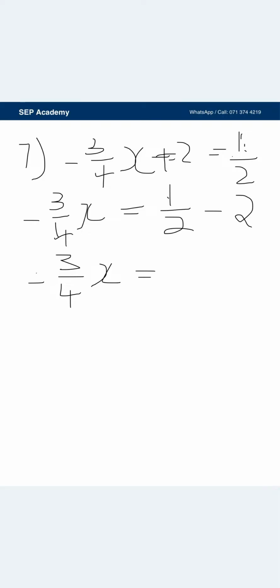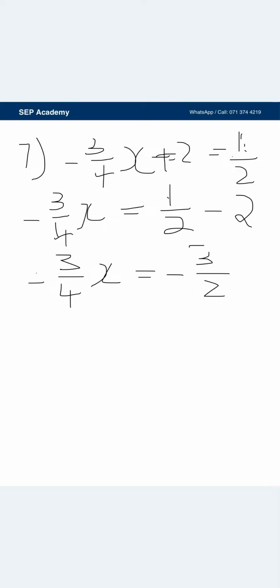Definitely that should be, what is it, negative 1.5, which is negative 3 over 2. Let's see, not negative a half, but half minus 2, yes, negative 3 over 2.